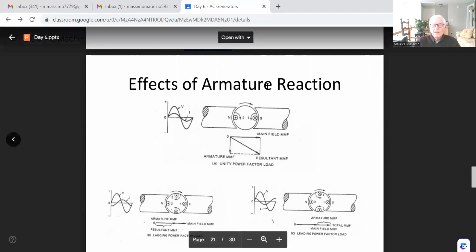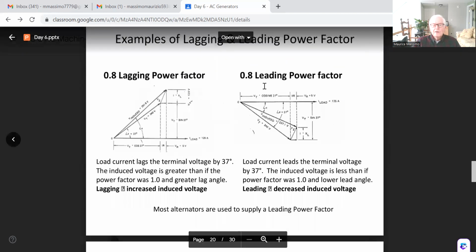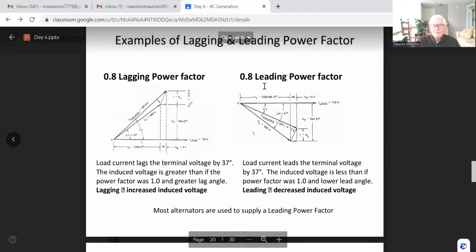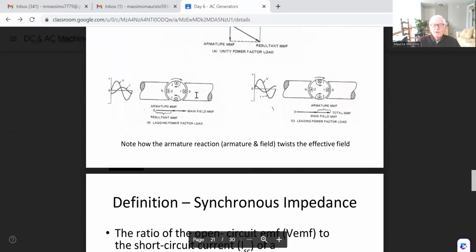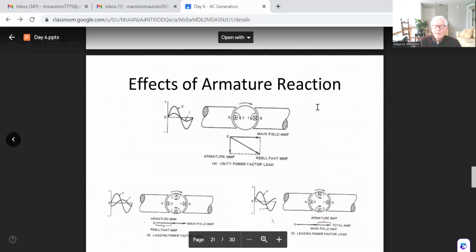It depends on whether it's leading or lagging power. So we can see here we have several cases: a case where we have lagging power, and a case where we have leading power, which gives us two different types of armature reaction.